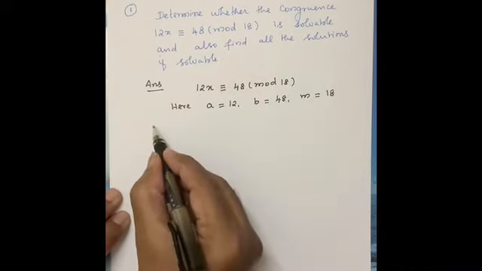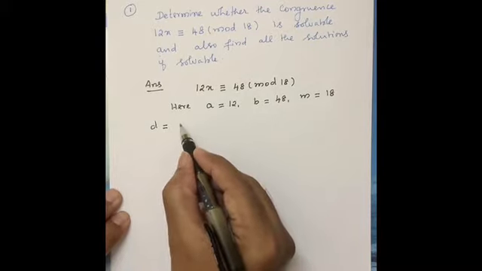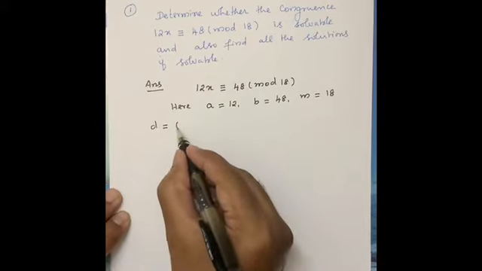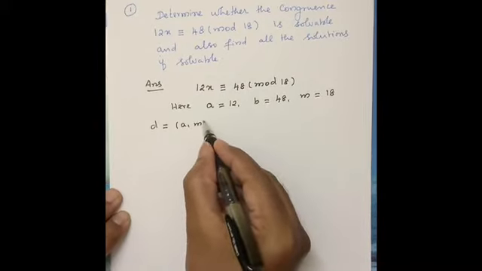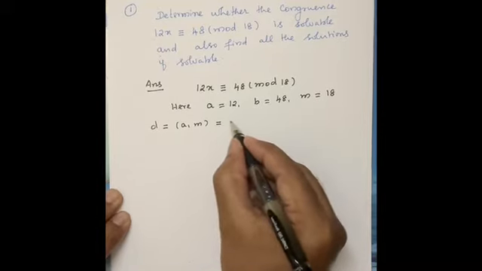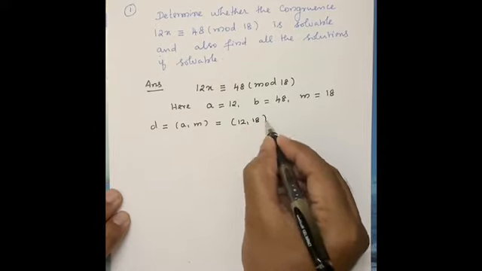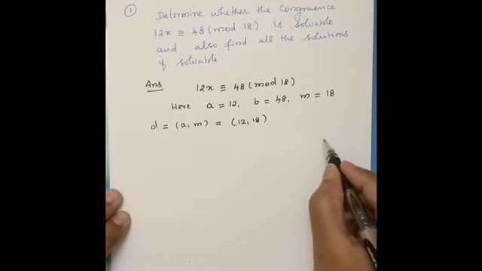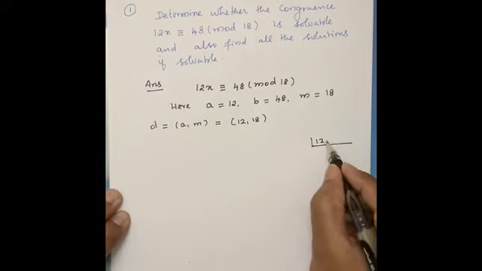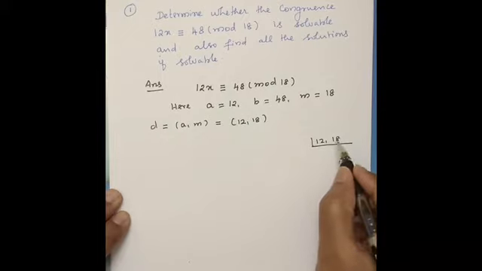Now we can find the D value. We know that it is the GCD, greatest common divisor, of A and M, which is the GCD of 12 and 18. Any two numbers, 12 and 18: check which number divides both easily.